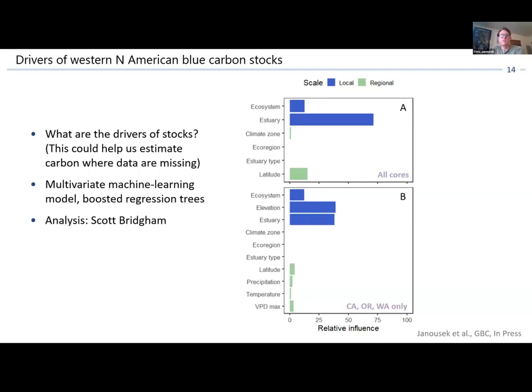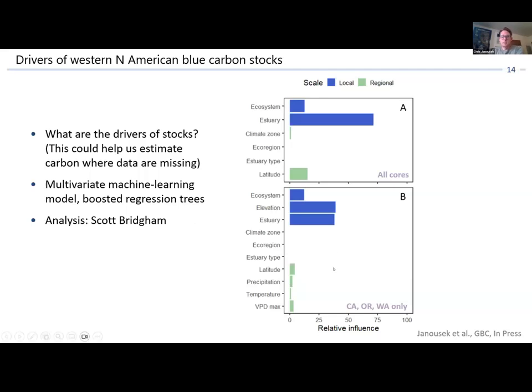So this is a local scale factor. Things like ecoregion or estuary type actually explained very little to zero variance in the data. We also conducted this analysis for just the cores in the United States, minus Alaska, because we had better elevation data that we could convert into tidal datums, for example.